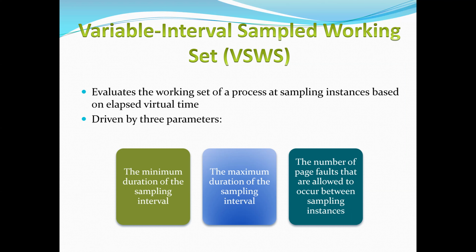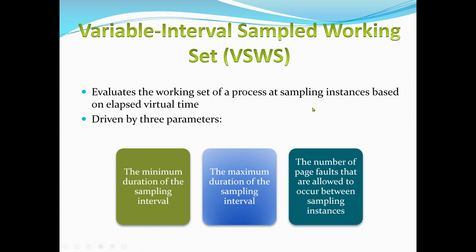So an approach that attempts to deal with this phenomenon of interlocality transition with similar relatively low overhead to that of PFF is this variable interval sampled working set, or VSWS. As we said, the VSWS policy evaluates the working set of a process at sampling instances based on elapsed virtual time.